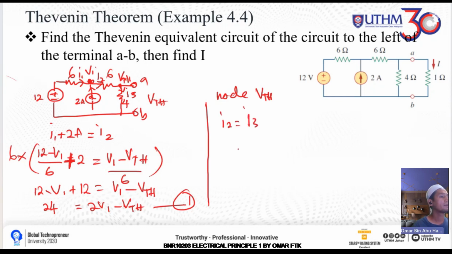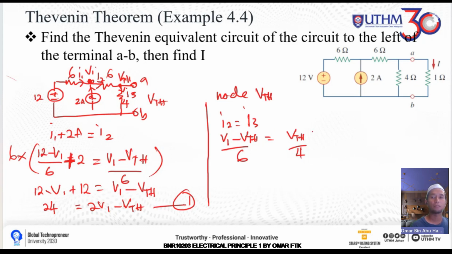I2 is V1 minus VTH divided by 6 equals I3, which is VTH divided by 4.